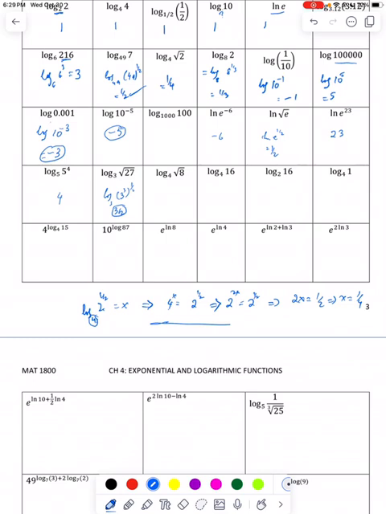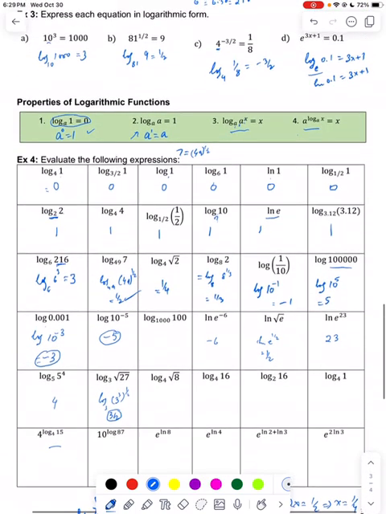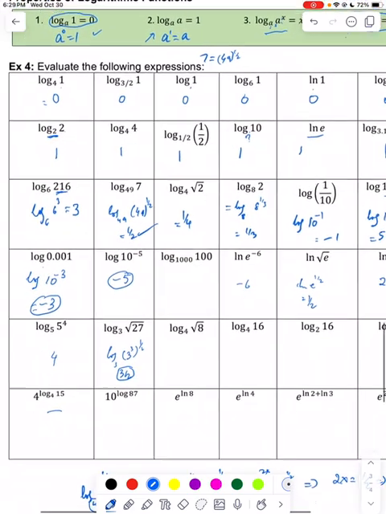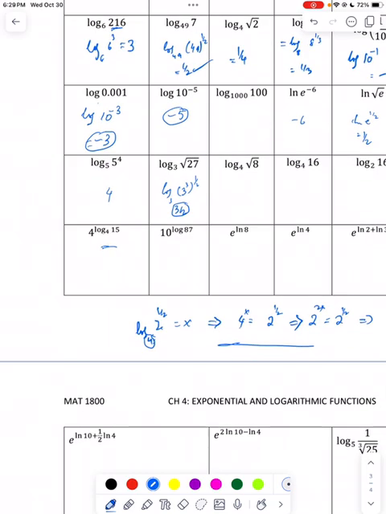Now the last line, so we are using property 4 now, which says if you have a raised to log base a of whatever quantity, you get back that quantity. So if you look at the first here, 4 to the log base 4 of 15, the answer will be 15.